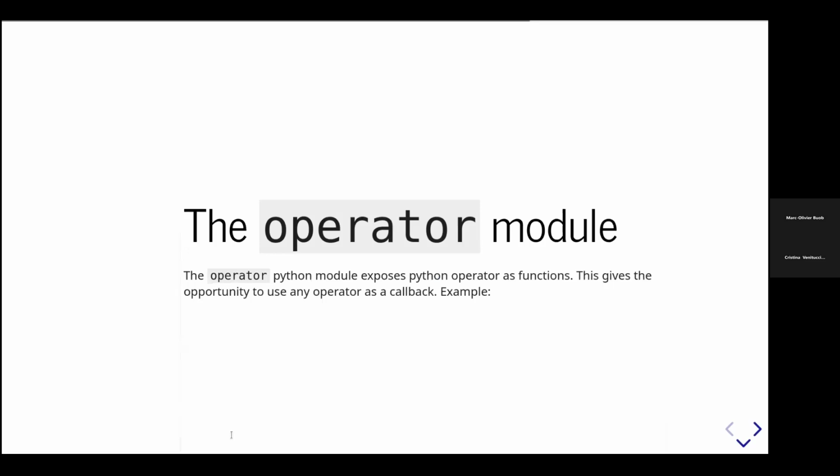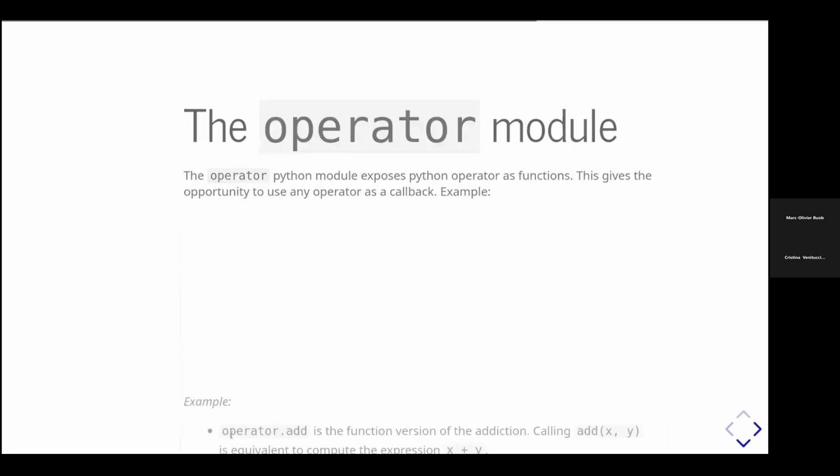Okay, so I think we have time to cover the operator module. Actually, it's quite quick. The operator module is a way to expose any standard Python operator as a function: the addition, the subtraction, etc. This is very powerful because now you can use any Python operator as a callback. This is the spirit of the module.